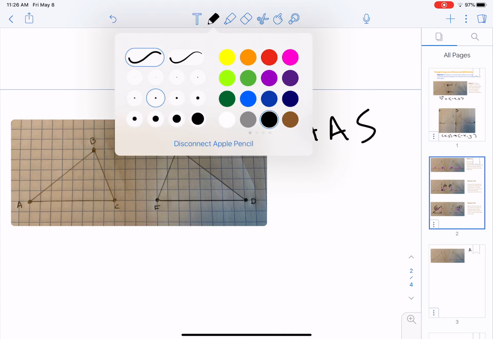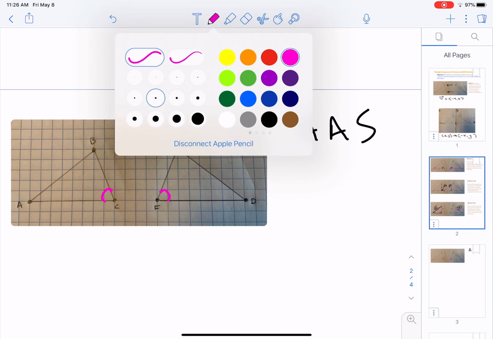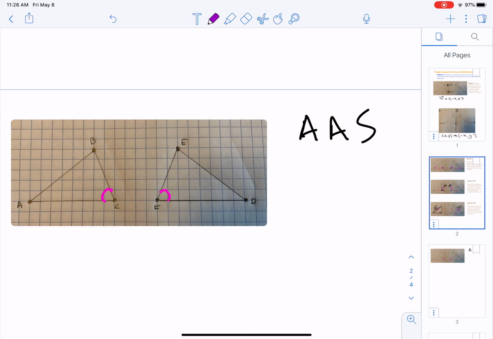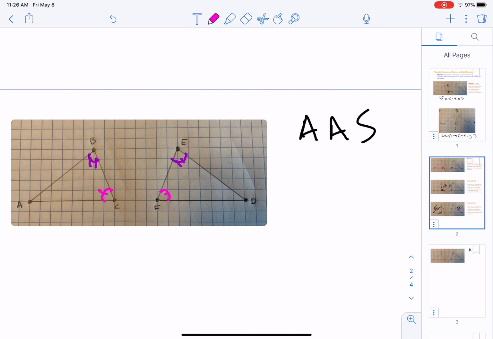If we can prove that, I'll stick with my color scheme, that F is congruent to C, and if, for instance, B is congruent to E, putting my little tick marks over here, and we have a non-included side that's congruent to the other non-included side, for instance, well, this would be non-included.